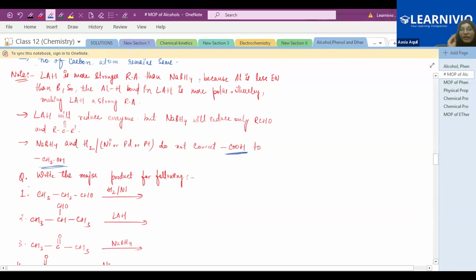Only lithium aluminium hydride can you use to reduce the carboxylic acid to the corresponding alcohol. So just remember this point. Sodium borohydride as well as catalytic hydrogenation cannot convert carboxylic acid to the corresponding alcohol. Just keep this in your mind. Now write down this point.